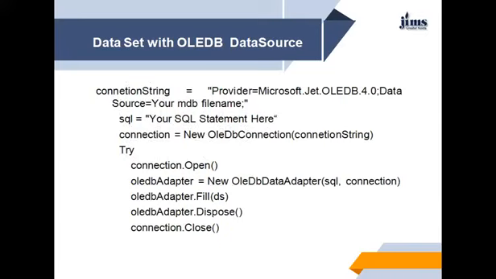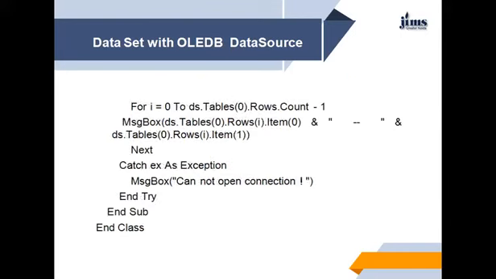Now we are passing the argument DS, that is a dataset, and OLEDBAdapter.Dispose, and now we will close the connection, that is connection.Close, and we will perform a loop: for I equals 0 to ds.Tables(0).Rows.Count minus 1, MessageBox equals ds.Tables(0).Rows(I).Item(0), and this is just a single space we are providing, and we are adding with the help of the ampersand ds.Tables(0).